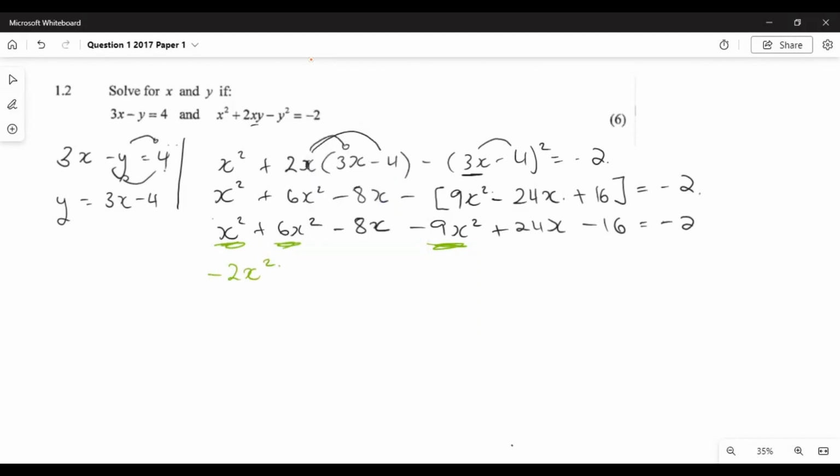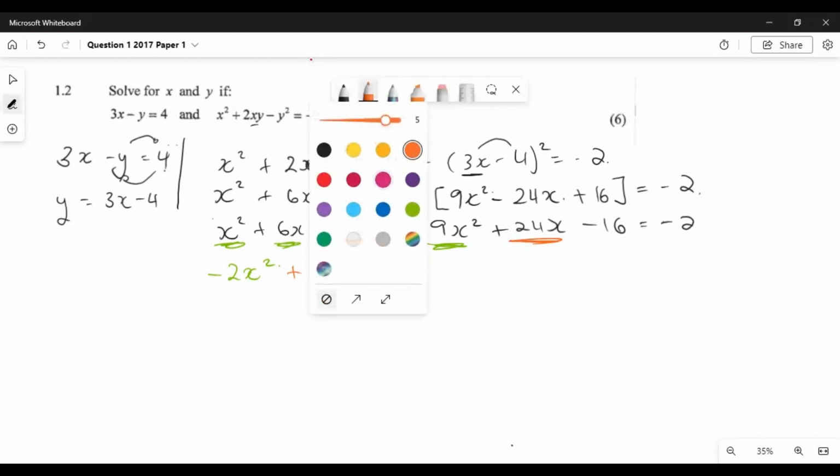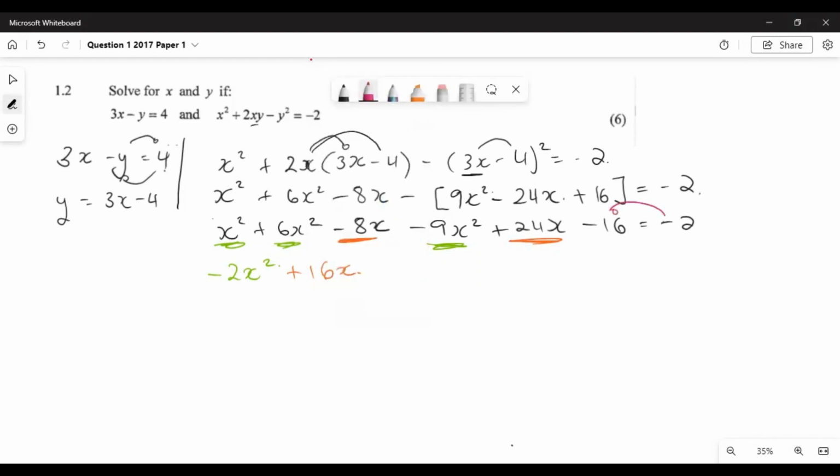And for the just x, if I add these two up together, they'll give me a positive 16. And I'll just move my constant from this side to the other, making it positive. If I sum those two up together, that will give me a negative 14.